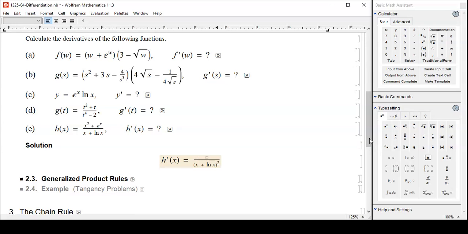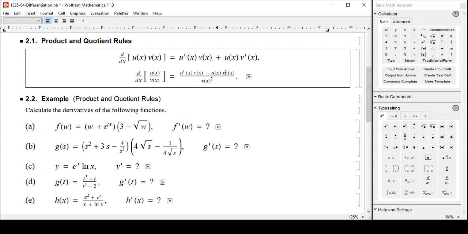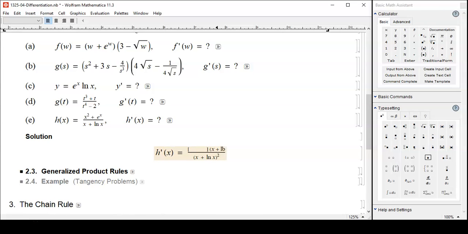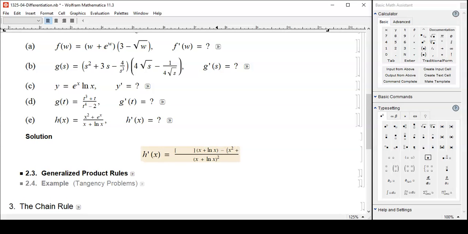Oh, by the way, here is the quotient rule, u prime v minus uv prime over v squared. So, okay, u prime, v, which is x plus log of x, and u, x squared plus e to the x, and then v prime.